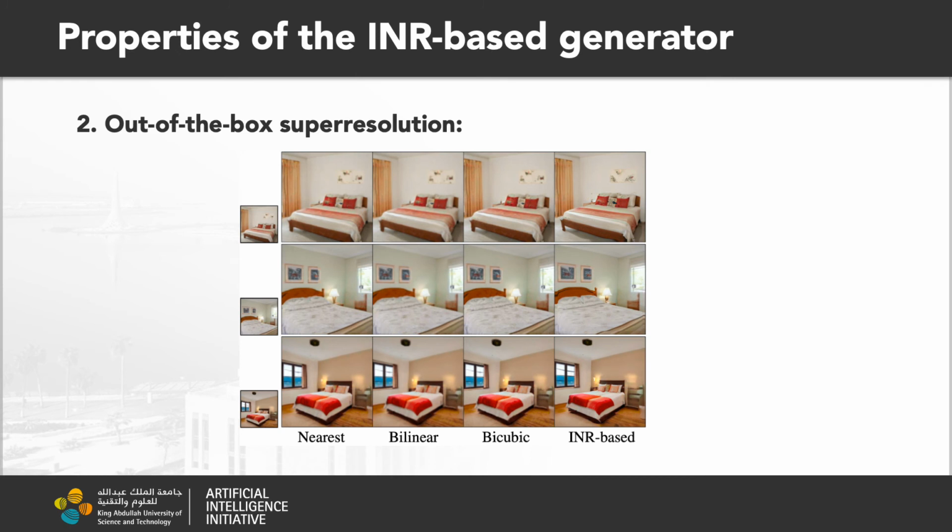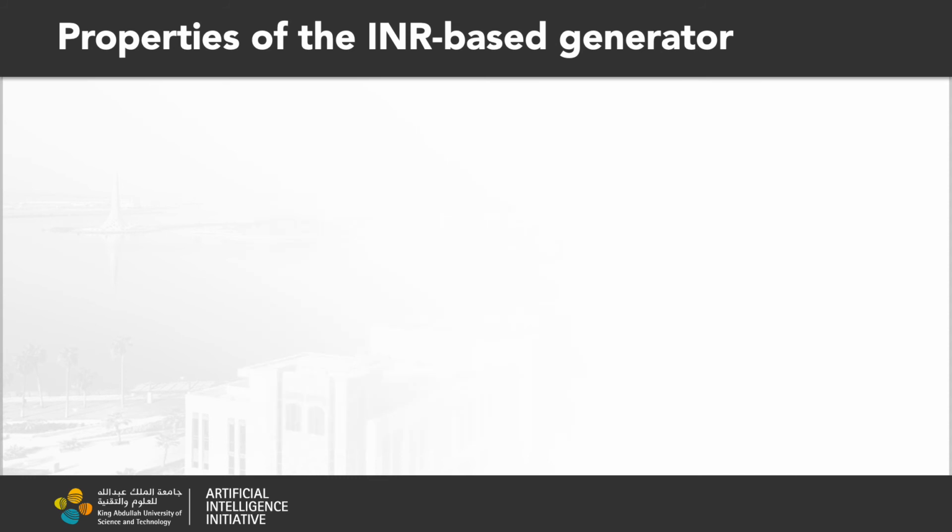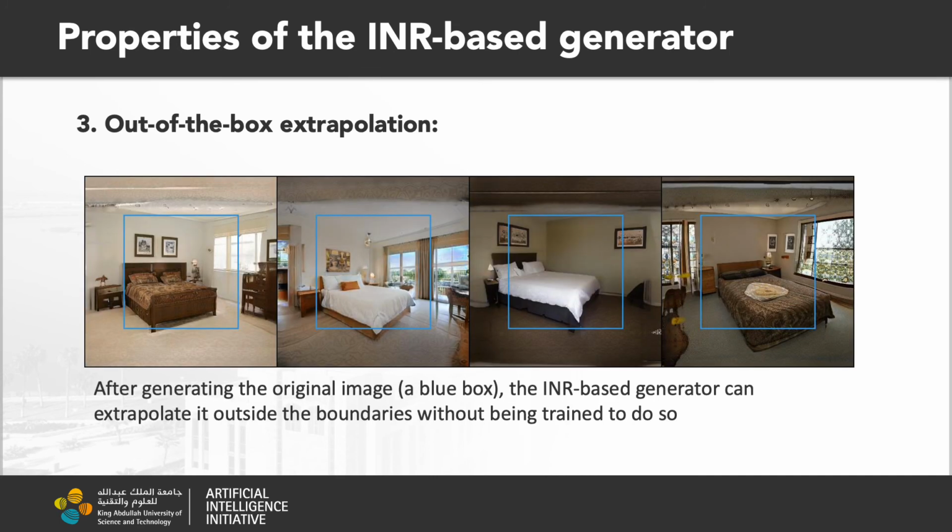After we trained our generator on the image collection, we found that it can perform super resolution out of the box. Another property is out-of-the-box extrapolation. After computing the original frame, the INR-based generator can extrapolate it outside its boundaries by computing color values in the positions outside the original coordinates grid.